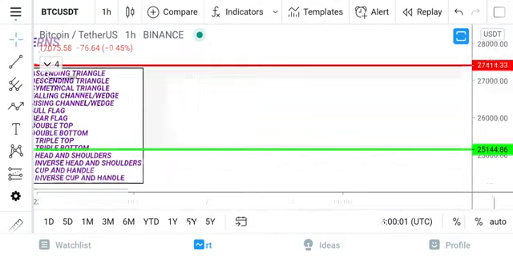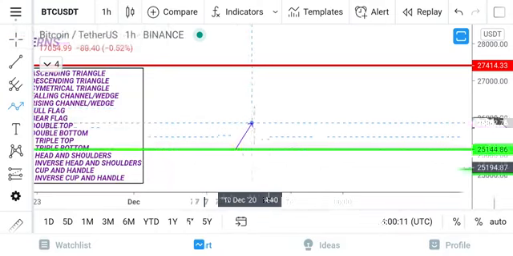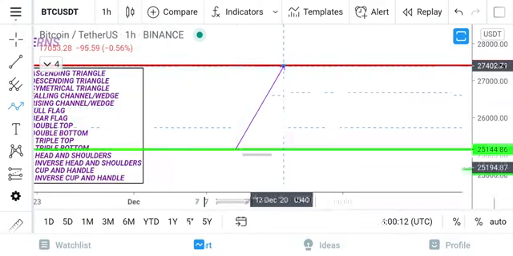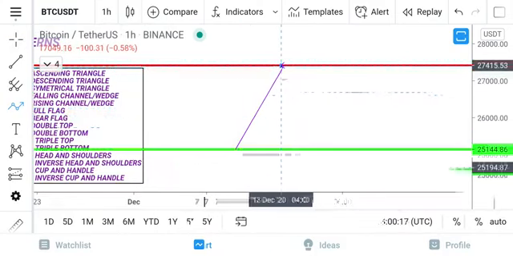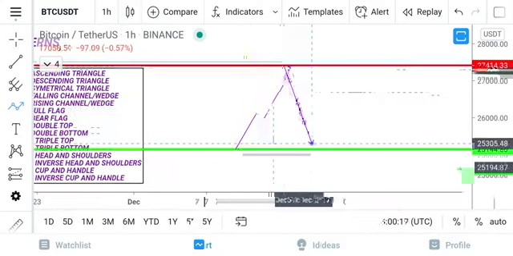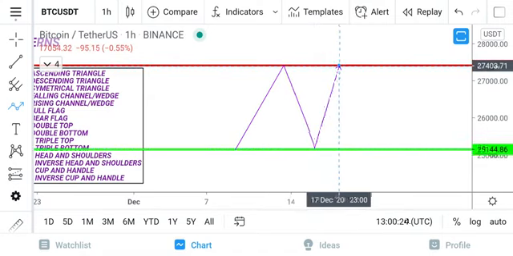Then your double top. Remember, I said this line here is your support, here is your resistance. So this is our double top. Double top is a bearish reversal chart pattern. The price is high and it comes down to support, then it makes another top.